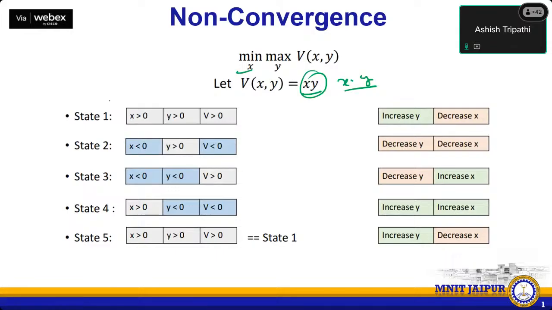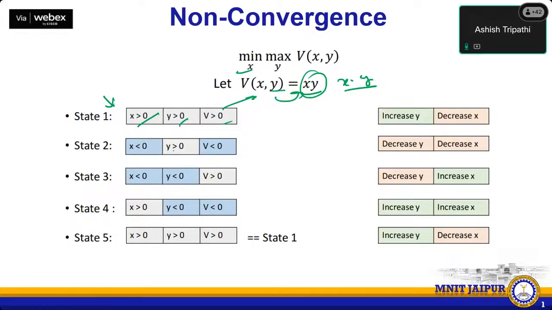For example, I am in state 1. What happens during the training? I have taken the value of x greater than 0 and y greater than 0. Then V is positive. V is greater than 0. That is my function.